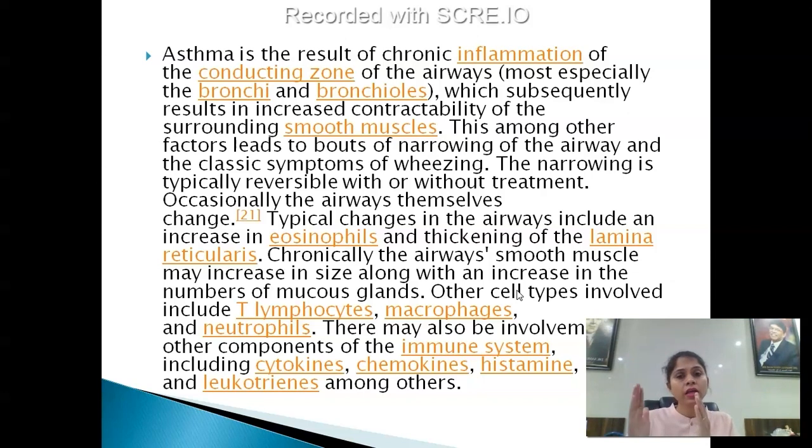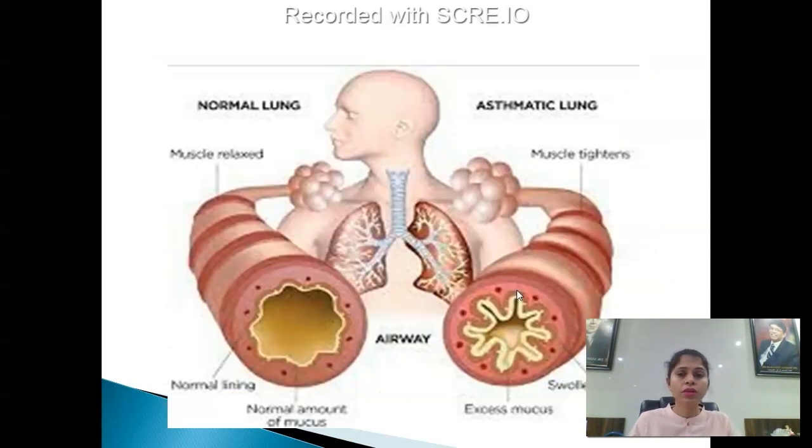I will not take up only the pathophysiology of asthma because that has been taught to us n number of times, and we all know that the whole system starts where the IgE is stimulated. That IgE, the mast cells go, the prostaglandin is released, the whole inflammatory process takes place, and because of that inflammation there is accumulation of mucus in the bronchioles.